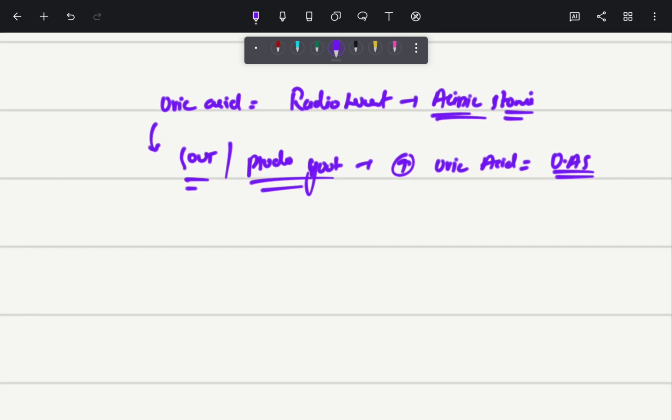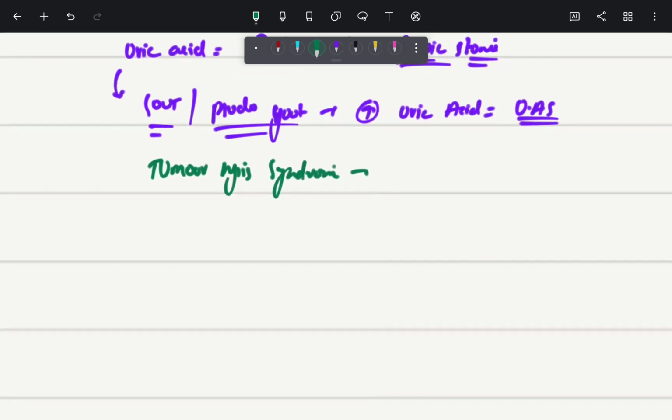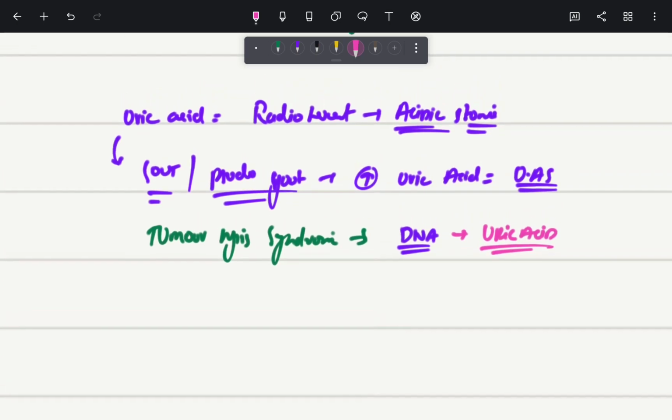And aside from that, you can see this in tumor lysis syndrome, because in tumor lysis syndrome the cells which contain DNA break down. When DNA is broken down, it will form uric acid, and this uric acid will get excreted in the kidneys, hence you can see uric acid stones in your kidney.